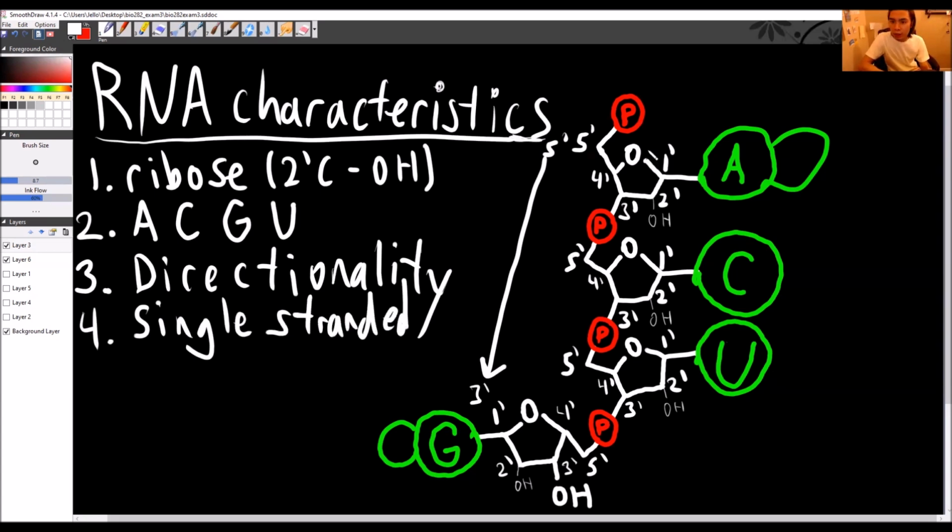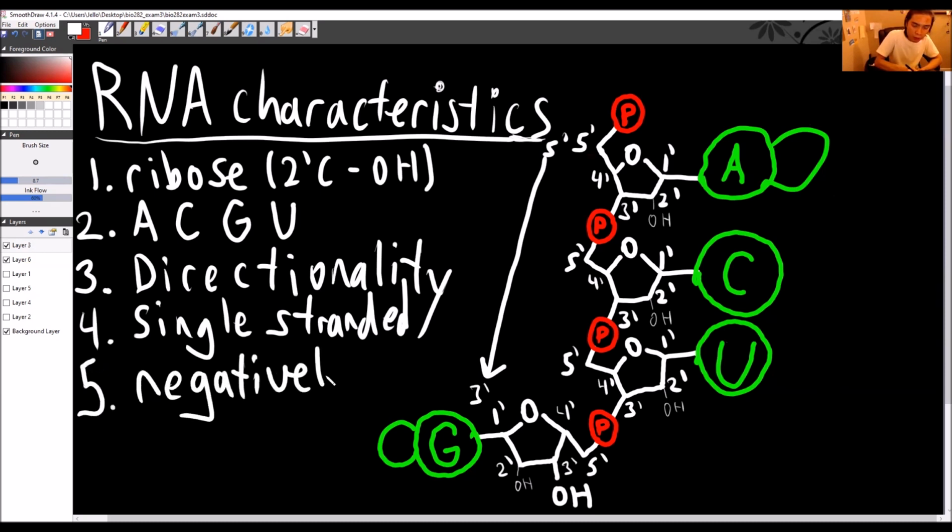When you produce RNA, we'll talk about this soon, it is bound to another nucleic acid for a bit, but after it peels off, it is present in a single-stranded form, unlike DNA, which is bound to another DNA strand. And as with DNA, RNA is negatively charged. Each one of these phosphate groups is still negative. So it gives RNA an overall negative charge, which means that it interacts favorably with polar stuff along with positive stuff.